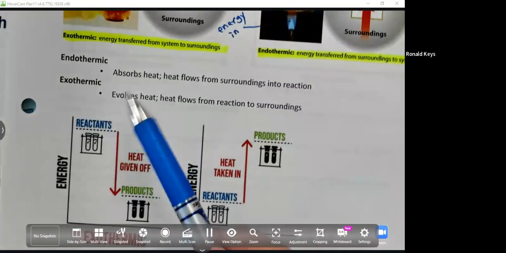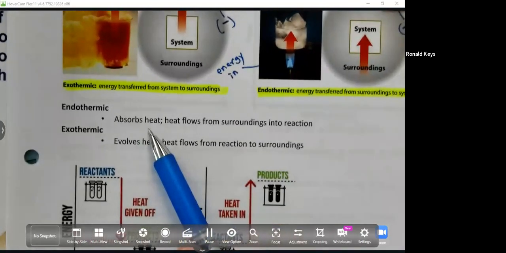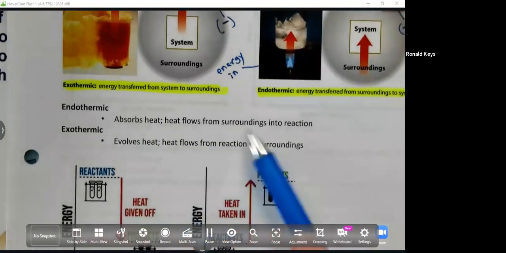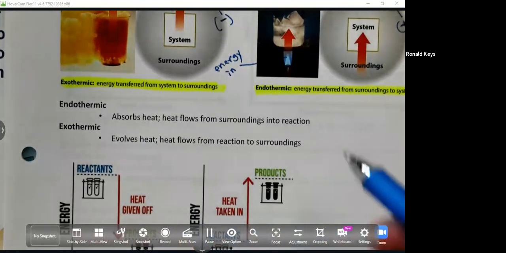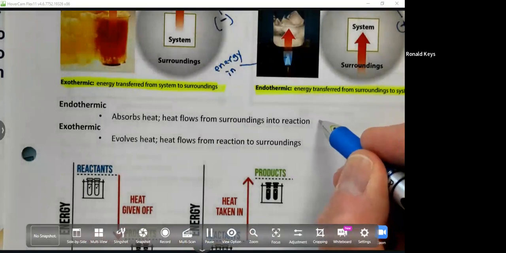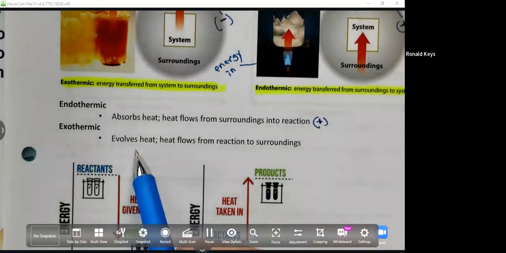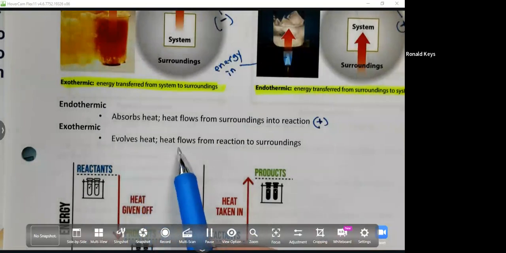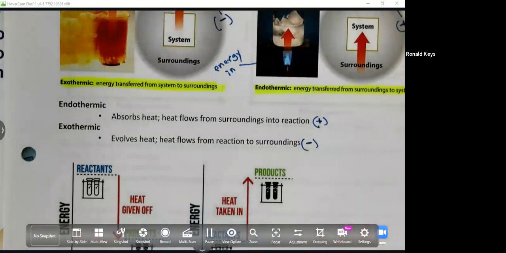So let's summarize again. Endothermic absorbs heat from the surroundings. Heat flows from the surroundings into the reaction. And this is going to be positive heat. Exothermic evolves heat. Heat flows from the reaction to the surroundings. This is going to be negative.